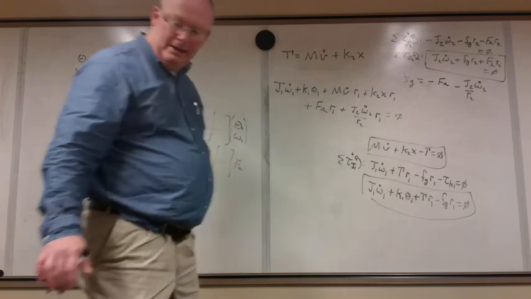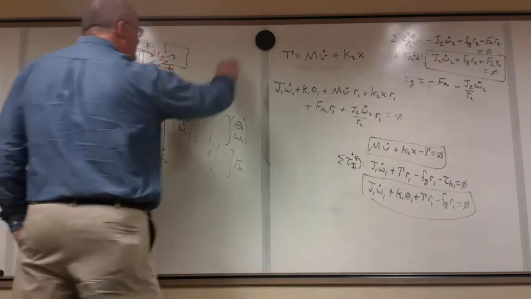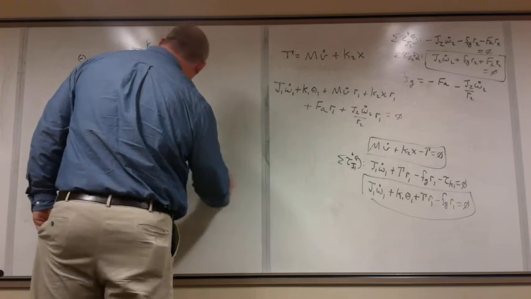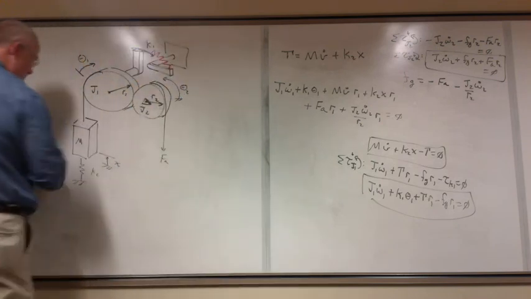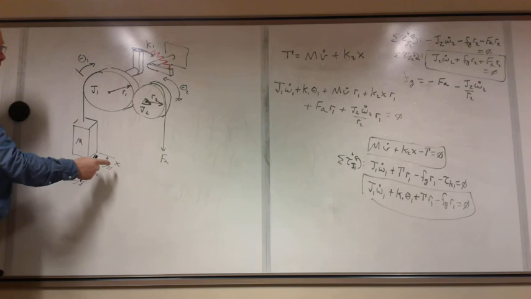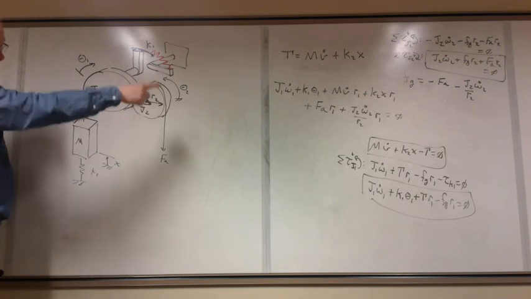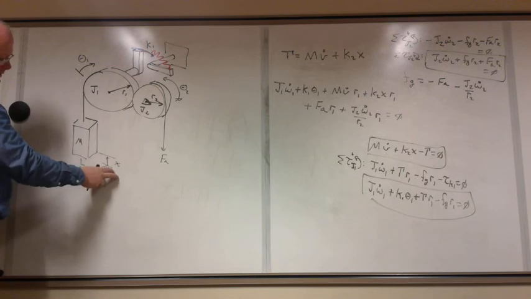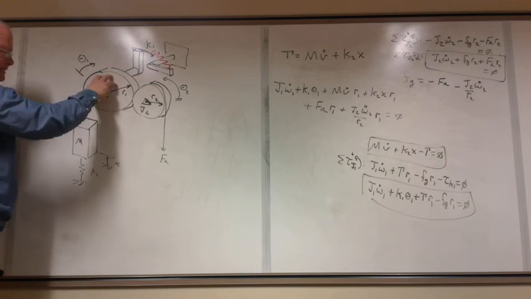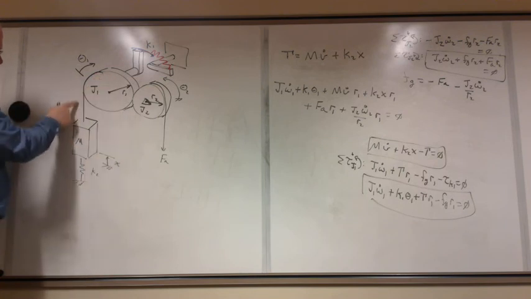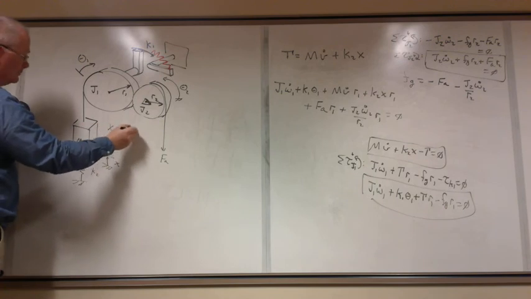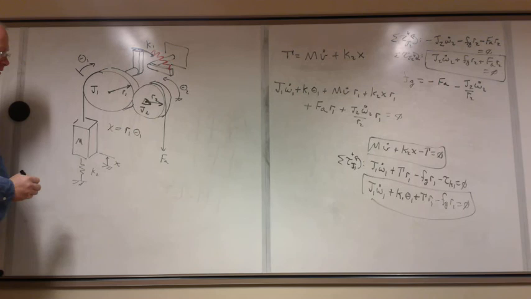Well, we can go back to our original diagram and take a look at the easy one first. How do I relate x, K2 x? How do I get rid of x? Since that's a displacement, I'd like to get it in terms of the displacement up here. We see that there's an inextensible cable here. We can say that x is equal to R1 theta 1.